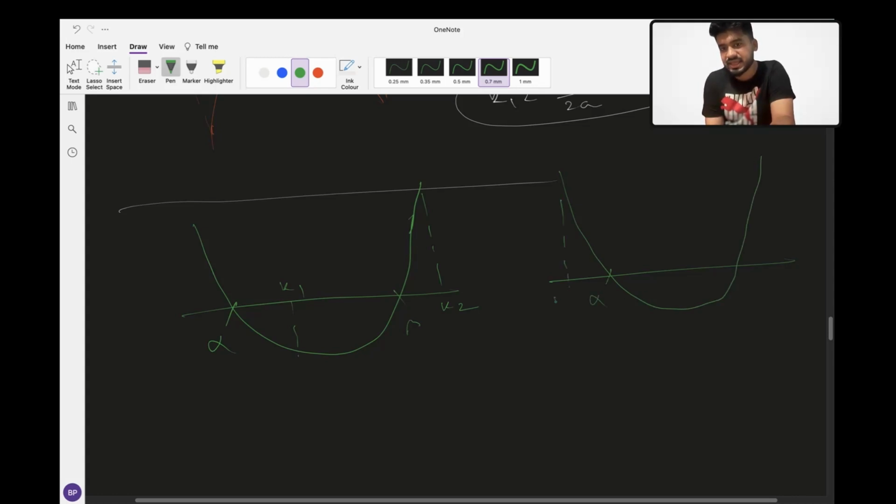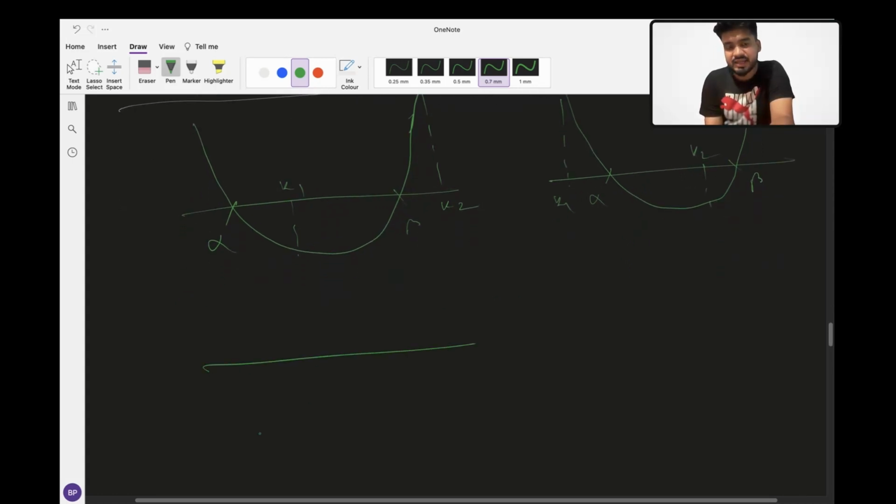One time k1 is outside and k2 is inside. This can also be possible. And for a less than 0, again we can draw two cases. This is my k1 and this is my k2.